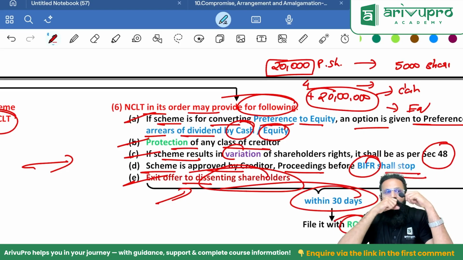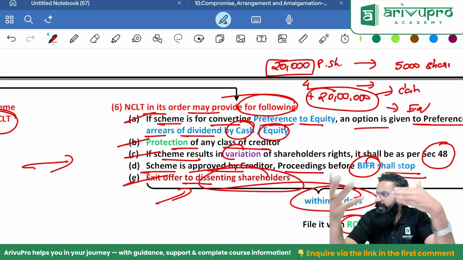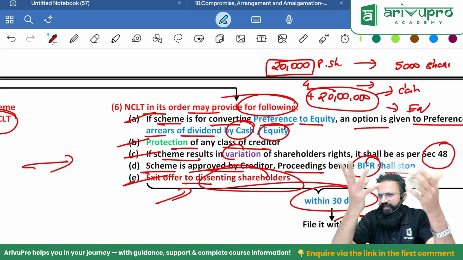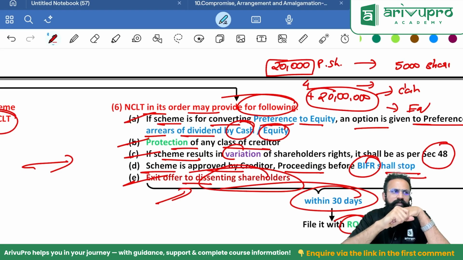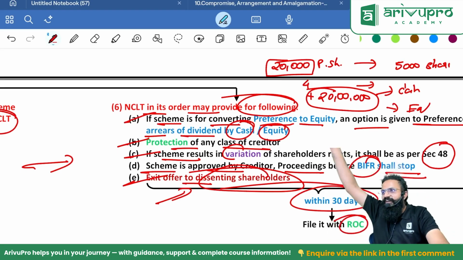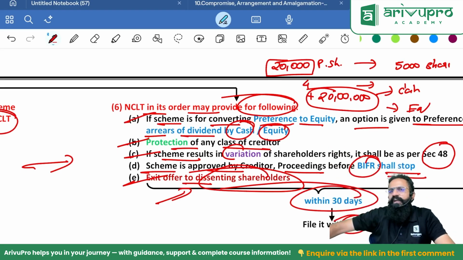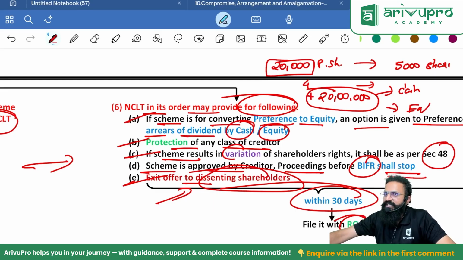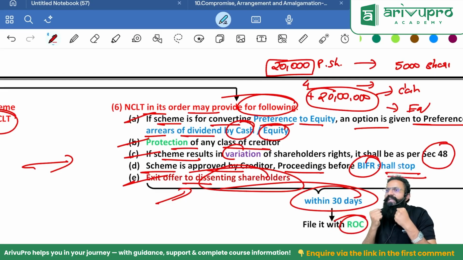If there are any creditors who have not been paid, protection has to be given to them. If the scheme involves any variation of shareholder rights, you have to follow section 48. And if the scheme is approved by creditors, whatever proceedings are before BIFR, the Board for Industrial and Financial Reconstruction, shall stop. There is something you are already fighting.